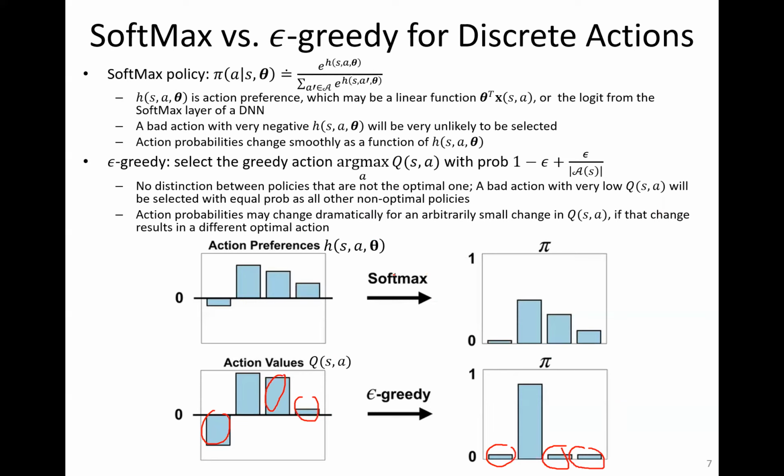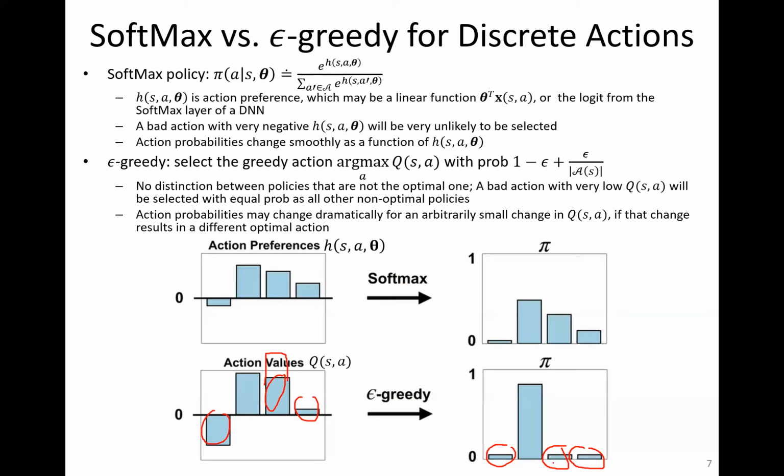Also, action probabilities may change dramatically for an arbitrarily small change in Q, if that change results in a different optimal action. Suppose after some update to the Q function, this one grows to be higher than the one on the left.